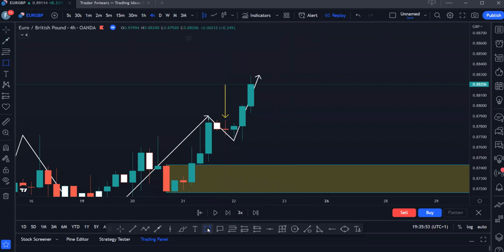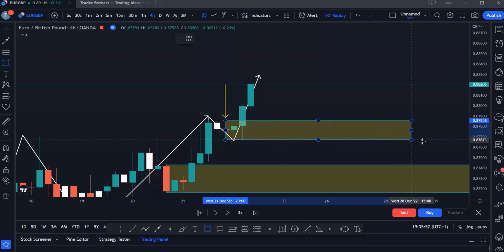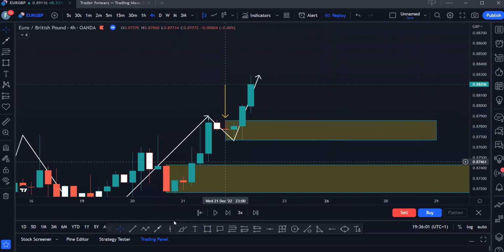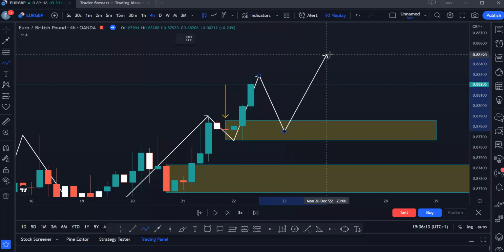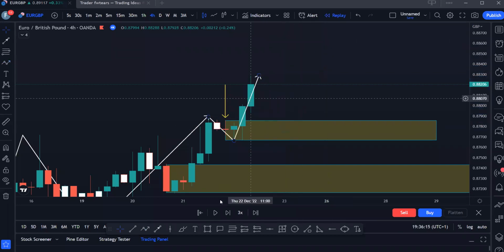So that's the zone. I'll take the whole candle all the way down. So the next time that price retraces into this zone, I want to look for buy opportunities, because that is a higher low that I'm looking for. So I buy in hopes of going up. So let's play it forward and see what price did there.